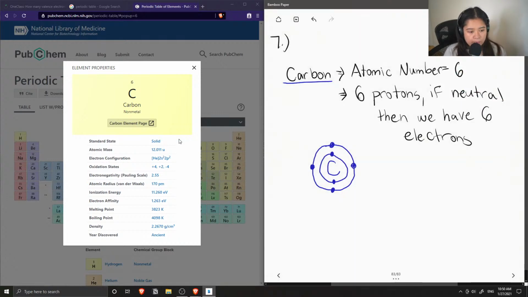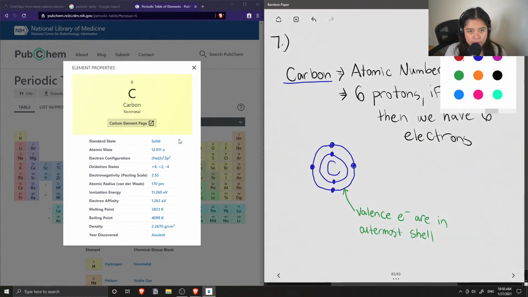So when we talk about valence electrons, these are the electrons in the outermost shell. So for carbon, carbon has 4 valence electrons.